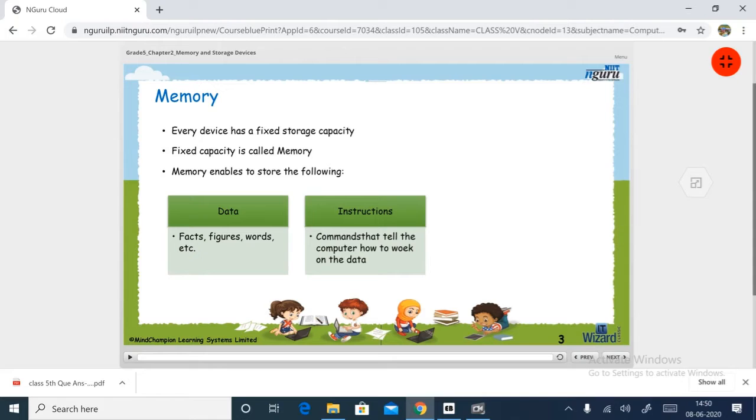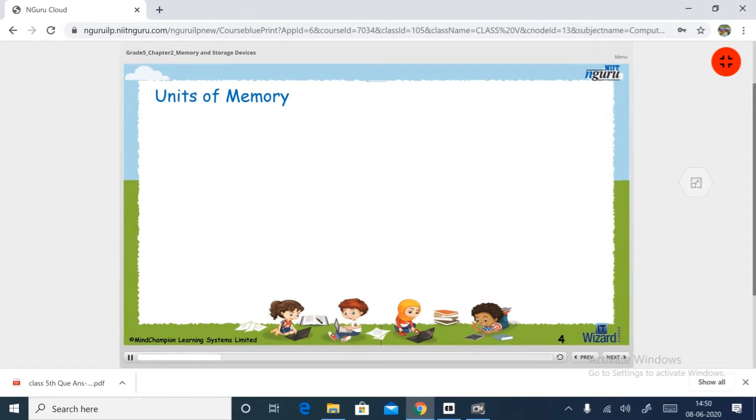Instructions are commands that tell the computer how to work on the data. Information is the output or result given by the computer. So this is the main purpose of memory. It has a fixed storage capacity.